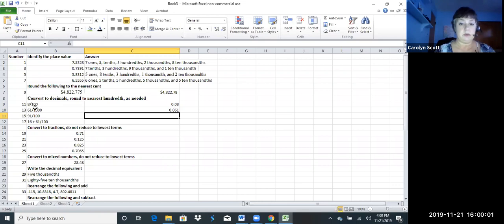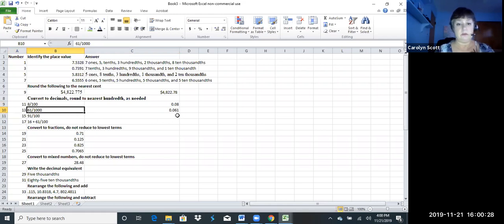Before we go on to these others, you may notice something. 100 has 2 zeros. So what we really did is move the decimal place over from the numerator 2 places. So instead of 8, it becomes 0.08. And 1,000 has 3 zeros.